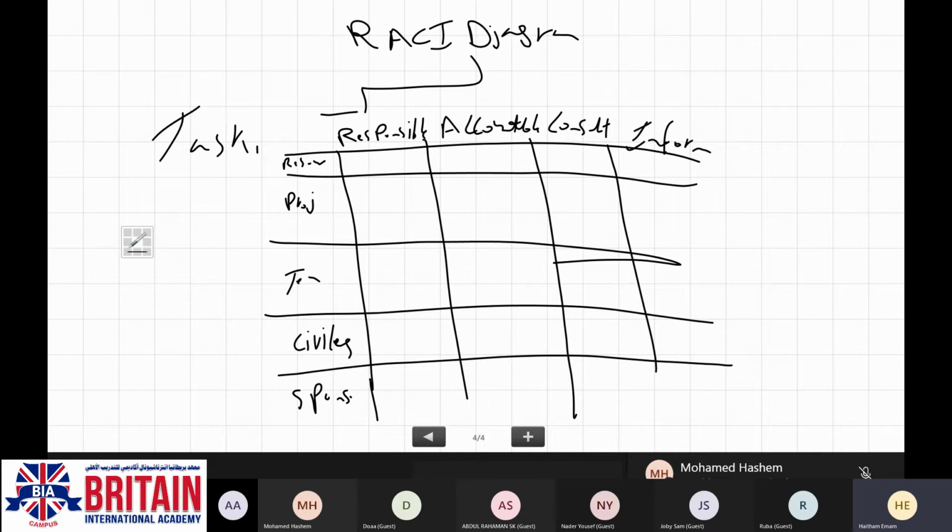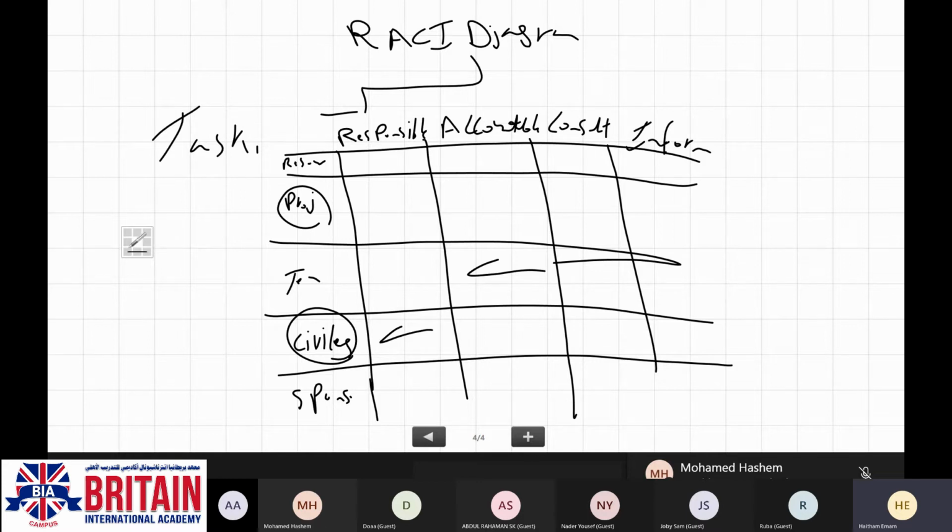Let's say the civil engineer is responsible. So he is the one who is responsible for doing the required work inside this task. Each and every part related to that task, he has to do by himself. So he is responsible. When it comes to the accountable, the team leader. Why?